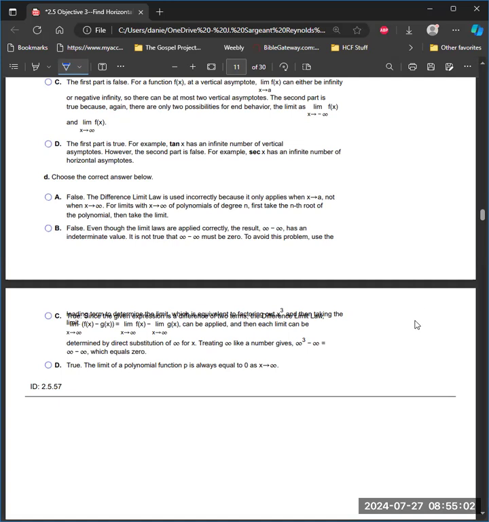So B, they're telling us that if we had done the limit as x goes to infinity of x cubed minus x, this is the same as the limit as x goes to infinity of x cubed times 1 minus 1 over x squared.